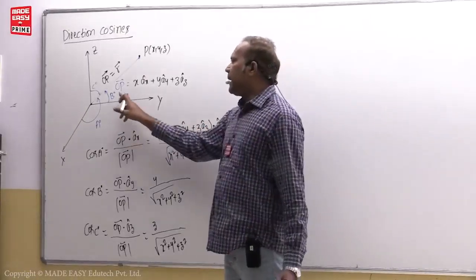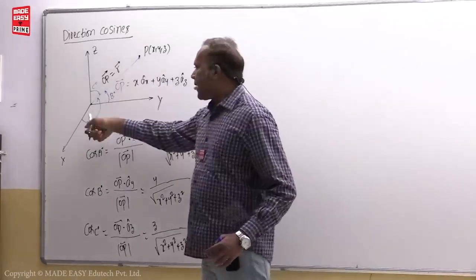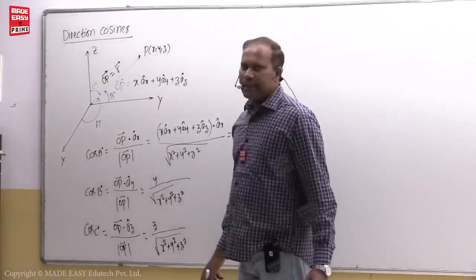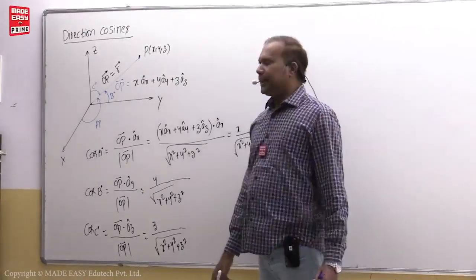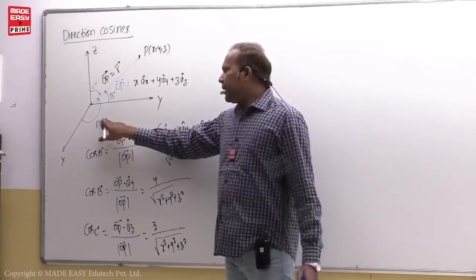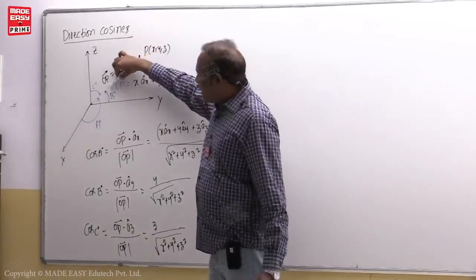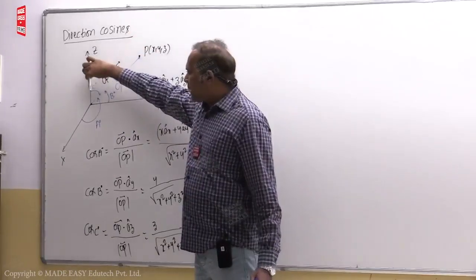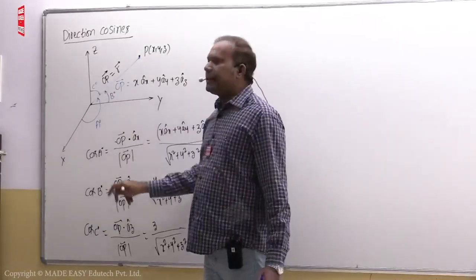That means these angles give the direction. For example, if this OP bar is on the x-axis, then A degrees is 0, and B and C degrees are 90 degrees. If OP bar is on the z-axis, then C degrees is 0, and A and B degrees are 90 degrees.